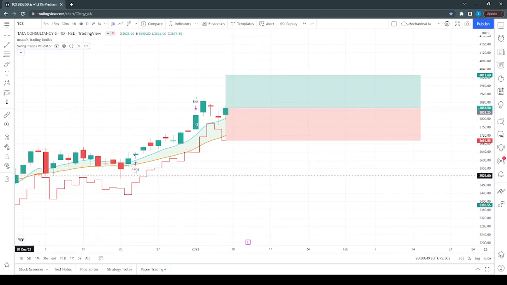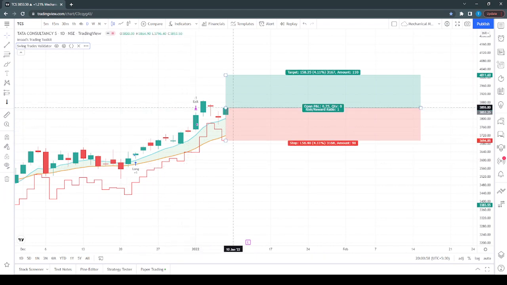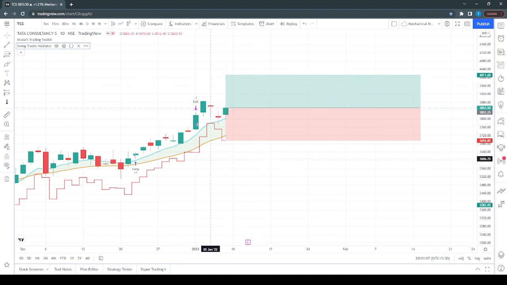If you see the first entry that we got here, we have already hit 4.11% and the exit has been called. The entry will be called tomorrow, Monday morning, and after that we will see a 4.11% up.